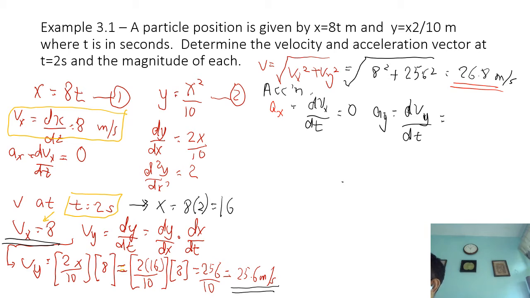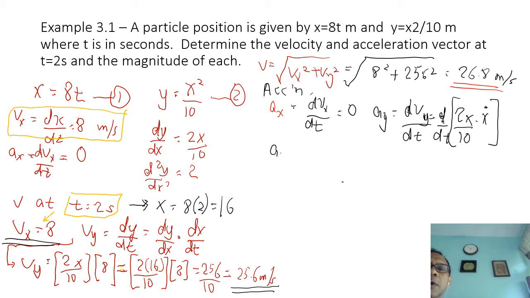We know that vy is 2x x dot, and dy over dx is 2x over 10, and x dot equals d over dt of all this expression.